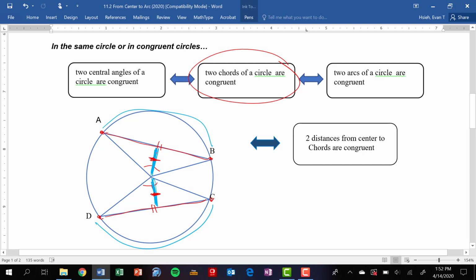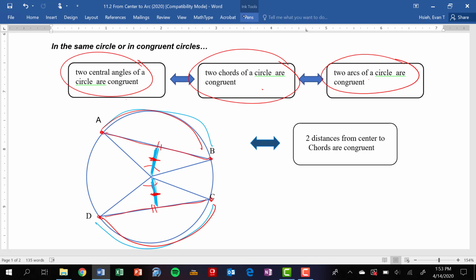So if I know that two central angles of a circle are congruent, and I take a look at the two arcs that those central angles cut off, the intercepted arcs, I know that those two arcs are going to be congruent to each other. And so all these things are interchangeable. All four of these ideas are interchangeable within the same circle or within congruent circles. All right, that's it for the information.